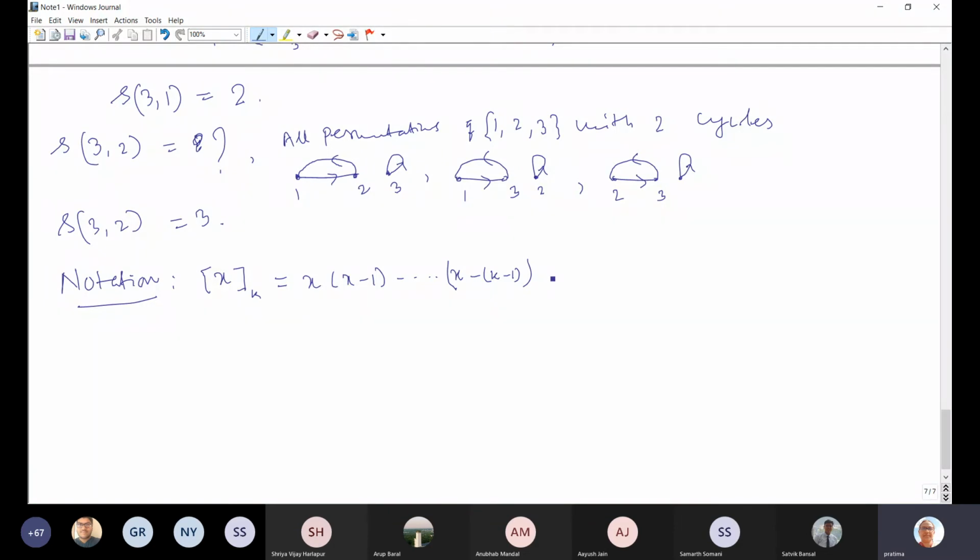This is a name: it is called the falling factorial polynomial.